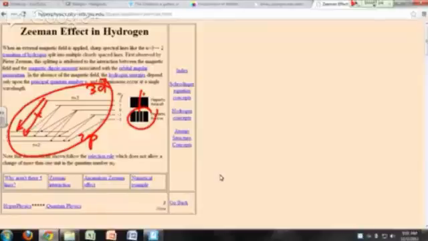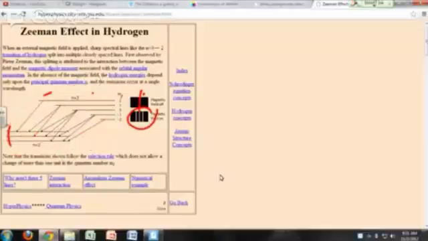From m equals 1, you can go to m equals 1 or m equals 0, but you can't go to m equals negative 1. That's part of the selection rule.